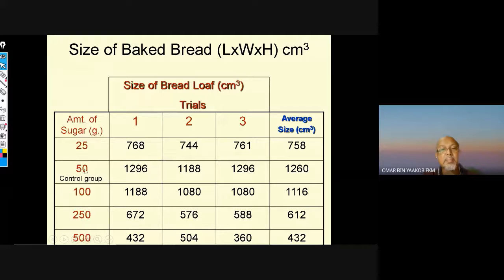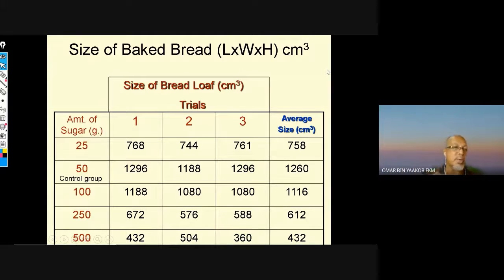This is grandma's recipe 50, and then 100, 150, 200, 500, and then the size in centimeter cube is measured 3 times. Okay, first trial 768, second trial 744, third trial 761, and he took average and he got 758 and so on. So this is actually the final result, because this is the average of these 3 trials.